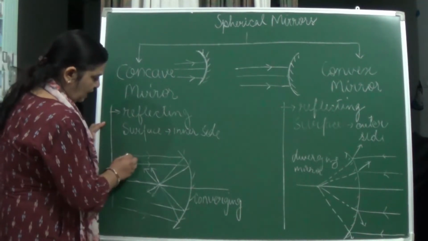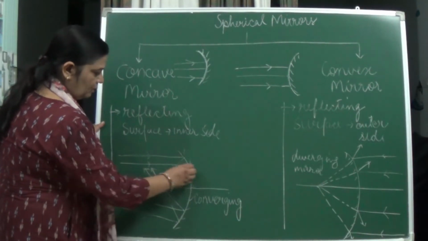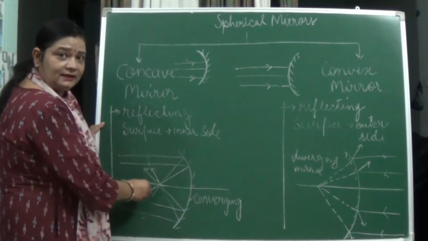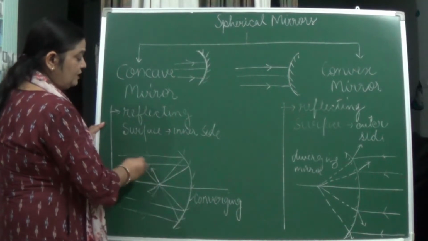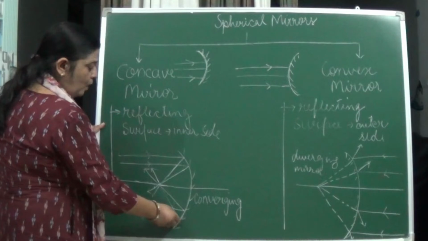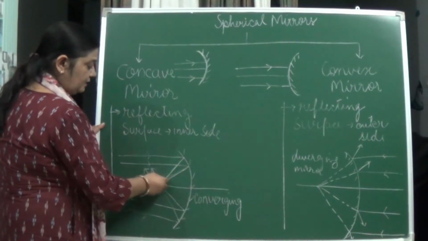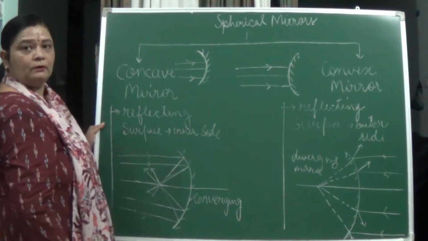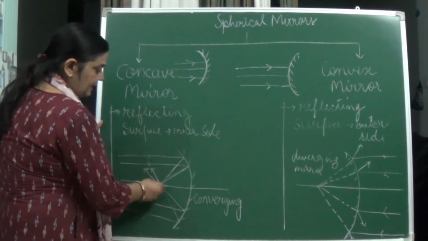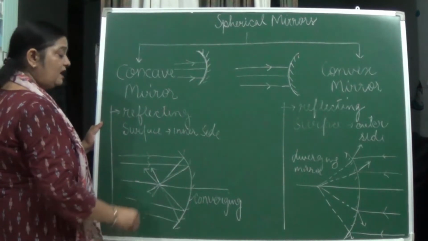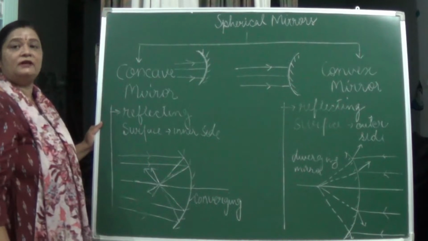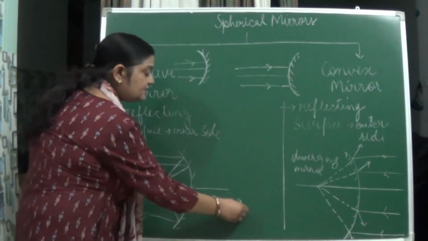Now let us see how it works. Light rays are falling on this concave mirror, and naturally what will happen? It will reflect back, isn't it? The light bounces back when it falls on this concave mirror, and all the rays meet at a point in front of the mirror. In this concave mirror, the light rays come and meet at a point, and this type of mirror is known as a converging mirror.